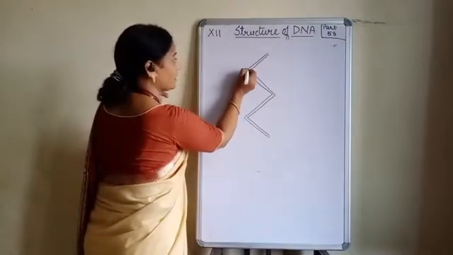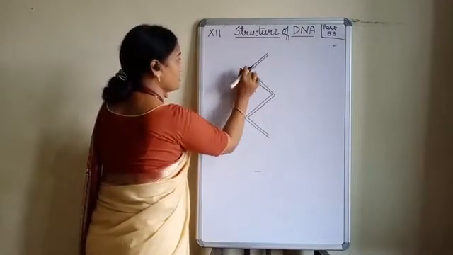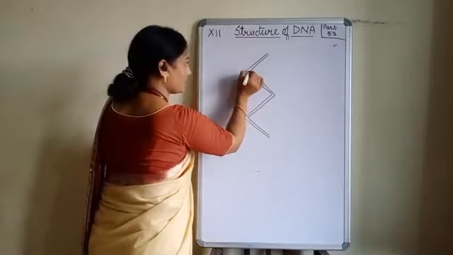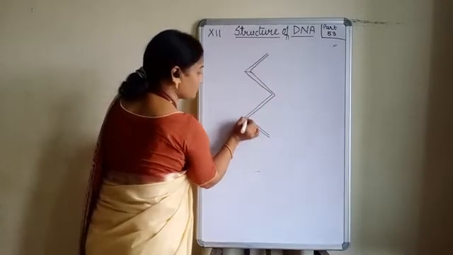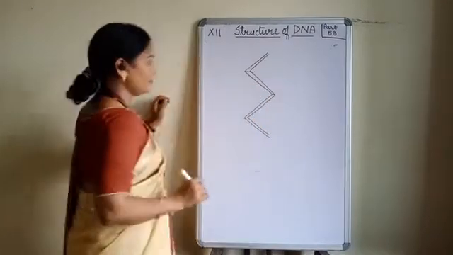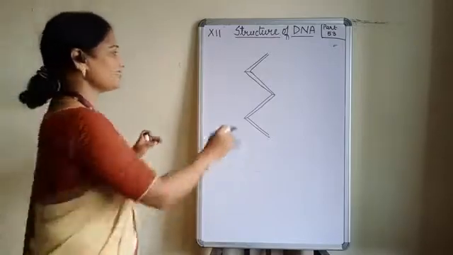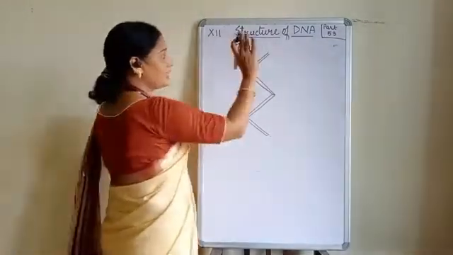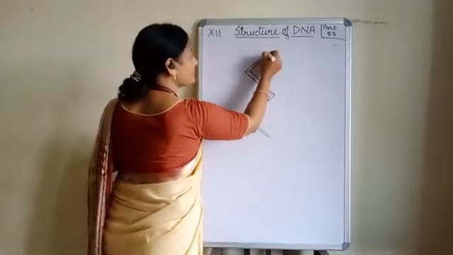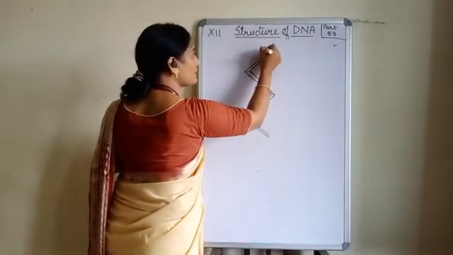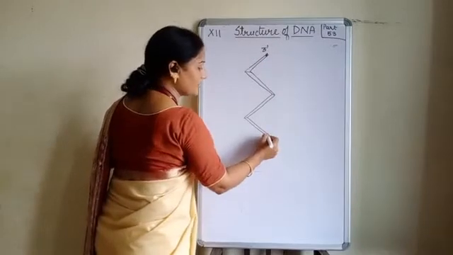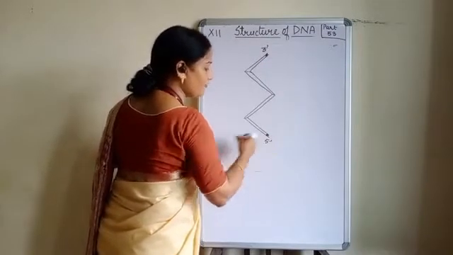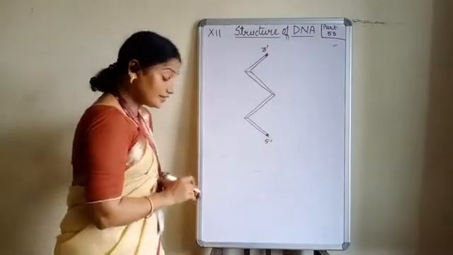See. Now you join them. Just to show the 3D model, we can join them. Suppose this is one side of the polynucleotide, children. Now if we are writing 3 prime here, suppose this is 3 prime, then this will be the 5 prime. Now see the double strand.